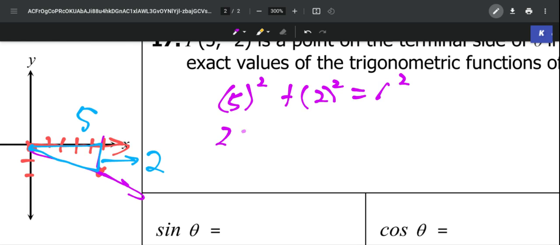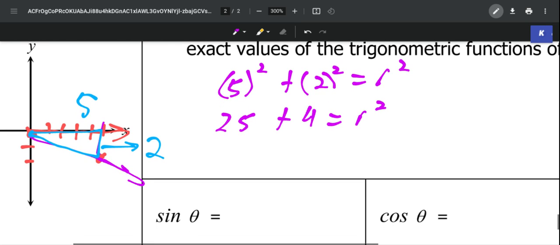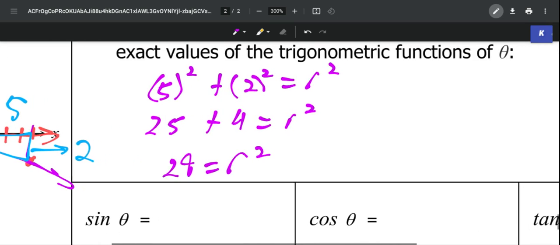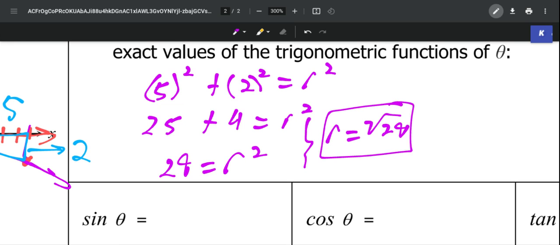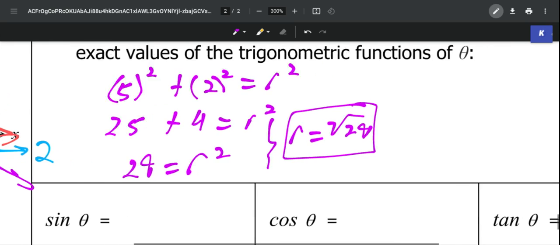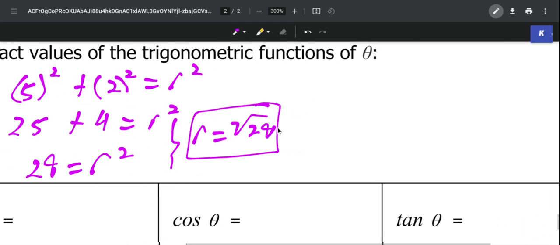So that's 25 plus 4 equal to r squared. So then 29 equals r squared. So then r equals the square root of 29. So our radius here, or our hypotenuse, is r equal to the square root of 29.